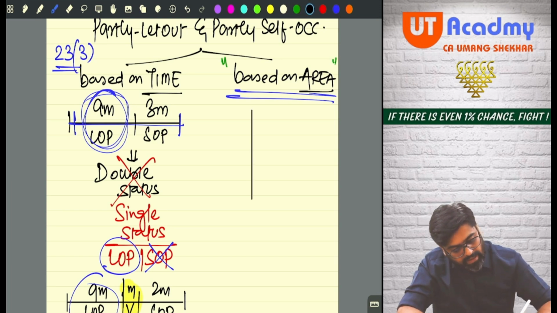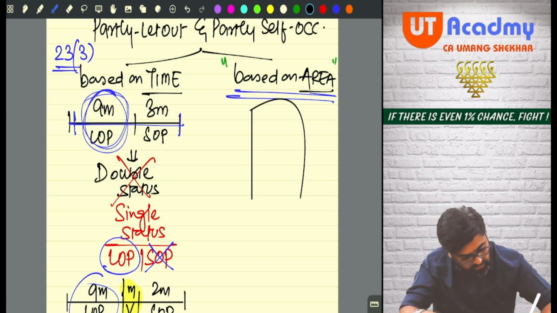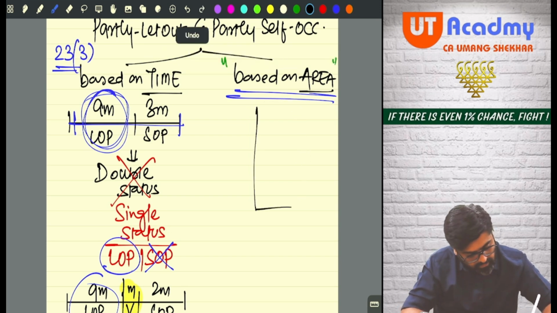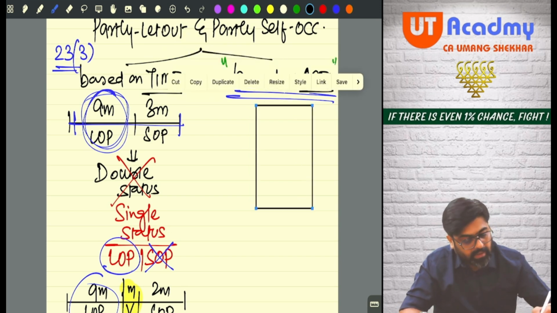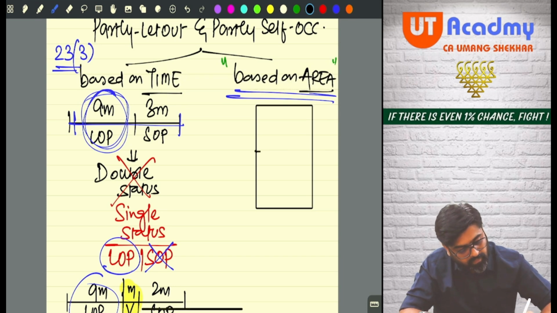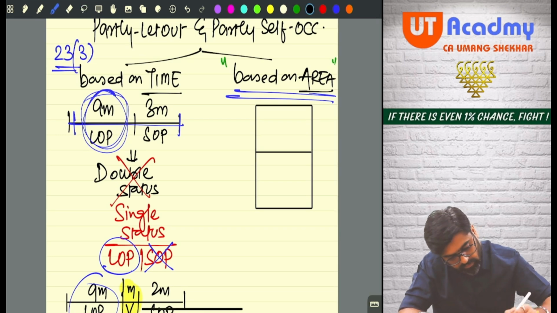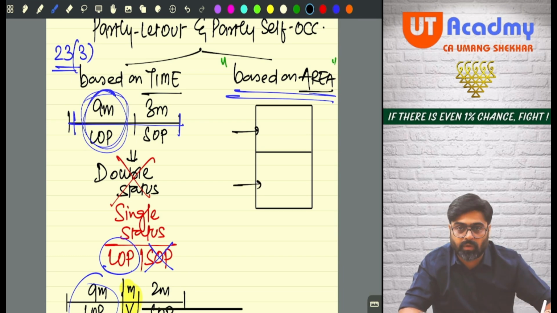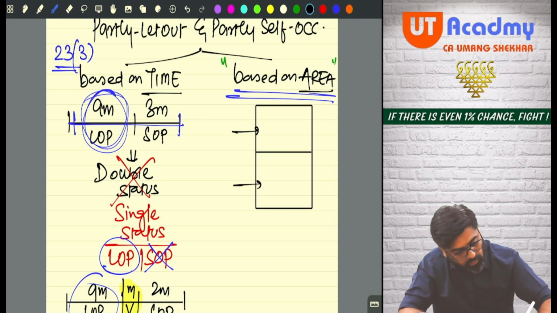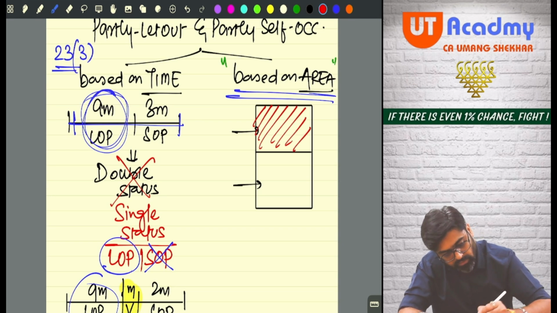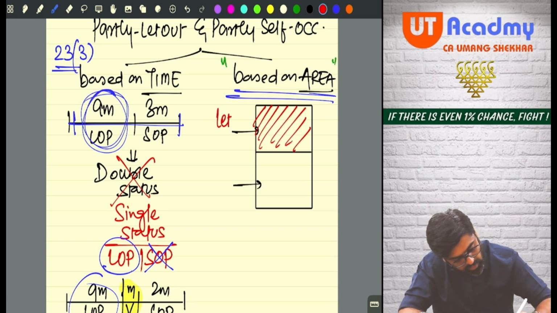Sir, I have one house property. I will make the house property like this. In this house property, this is first floor, this is ground floor. This first floor was let out by me.